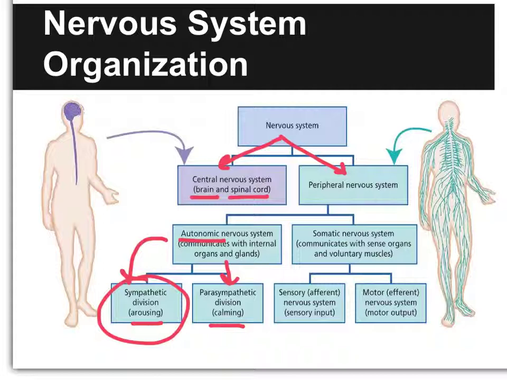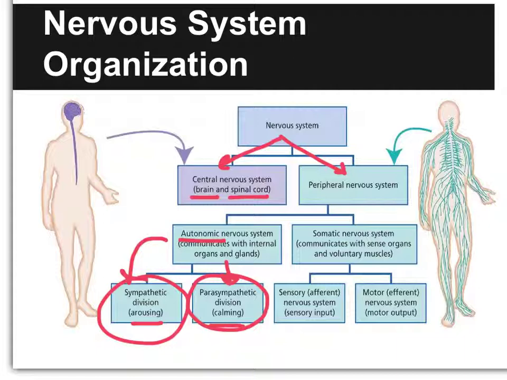And when your body starts to calm down from those nerves, from those butterflies in your stomach, then that is to say your parasympathetic division is beginning to operate. So that's the autonomic system. That's the autonomic organization or those categories, part of the peripheral nervous system.